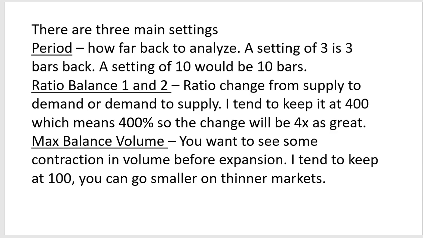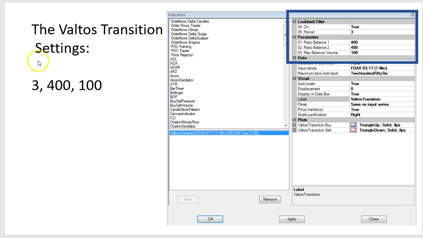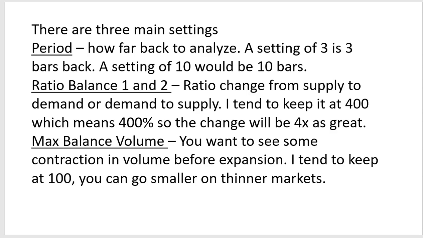The max balance volume is a volume number that goes into the equation to determine if there's a shift in supply and demand. If you're familiar with the term absorption, it's when the market contracts and you trade around value for a while because everyone's happy trading at a certain price.